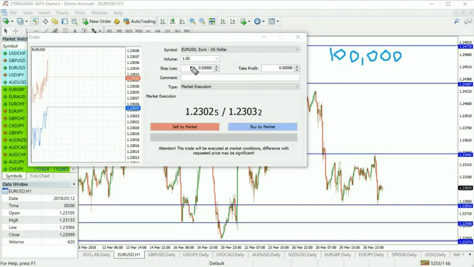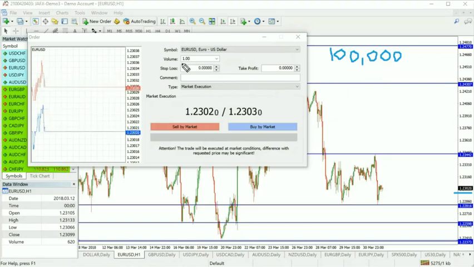So one standard lot size is the same as trading 100,000 worth of euros in exchange for the actual relevant price that you execute this trade at. So at the moment, the price, and this is a live price, is 1.2302.